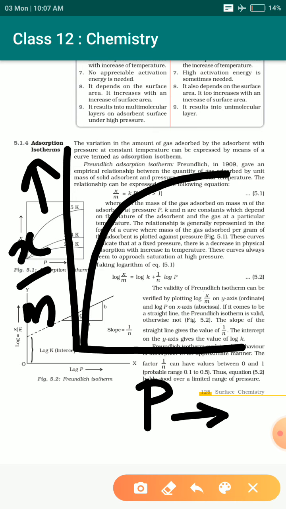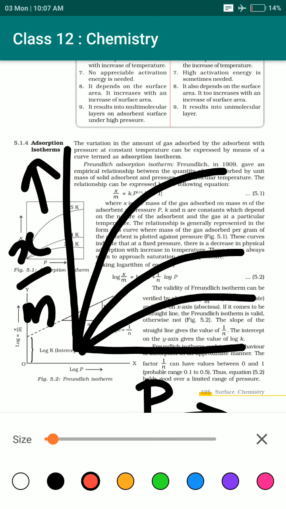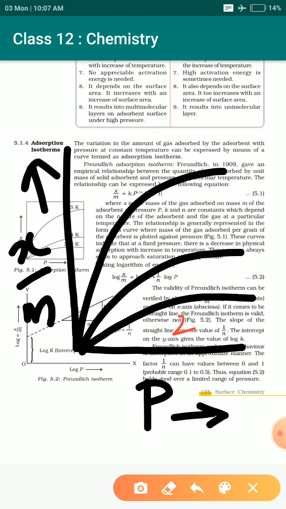This graph shows one particular thing: if the temperature is very high, for example 273 Kelvin, you will have lower adsorption. As you decrease the temperature, the adsorption increases.